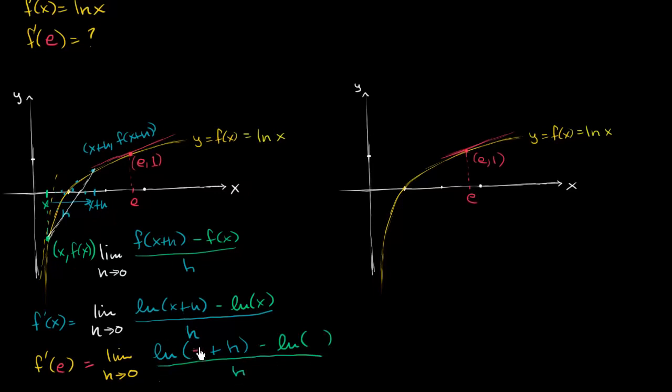If we are able to evaluate this limit, and we actually can, this would give us the slope of the tangent line when x equals e. This is doing the formal definition.